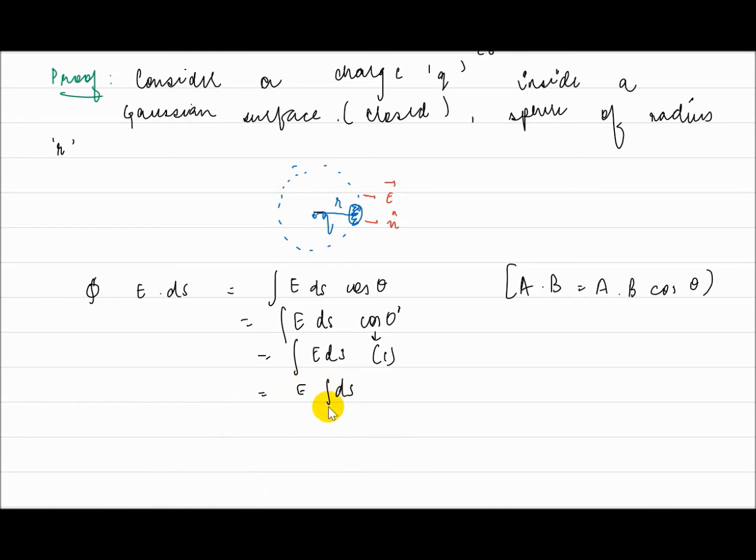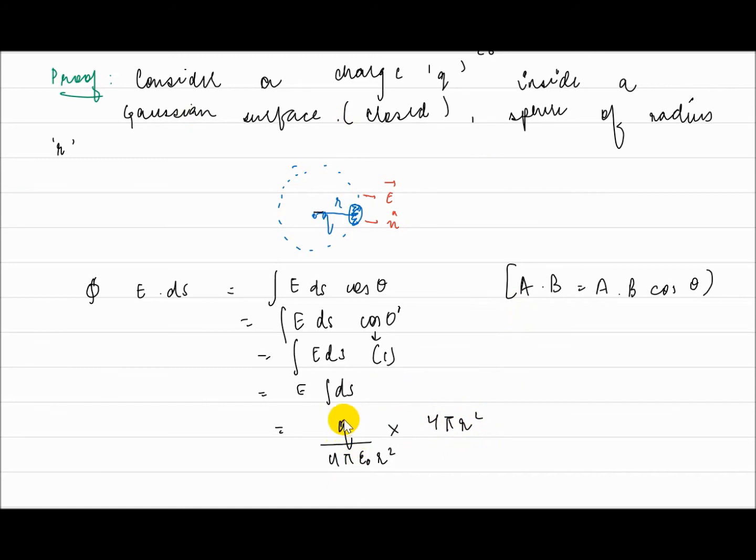So E ds. The electric field is equals to Q upon 4 pi epsilon naught r square into ds. We'll integrate ds, so we'll get S. So the surface area is 4 pi r square.